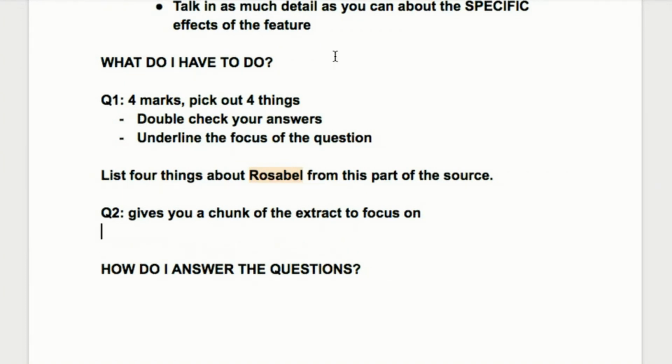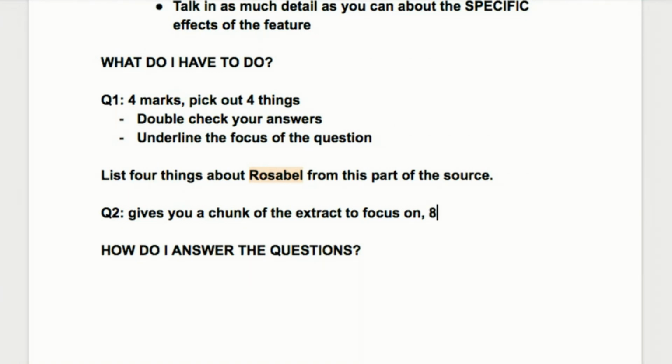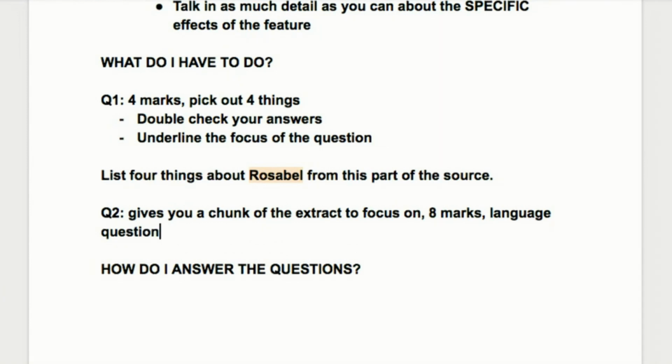And it's an 8-mark question. Sorry, there we go, 8 marks. And it's a language question.